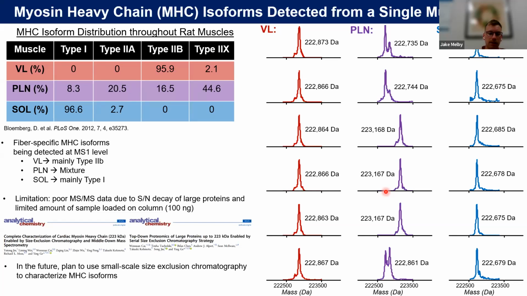So I think in the future, with the use of some smaller scale SEC, and we have a 12 Tesla FTICR in the lab, that we very well may be able to get some of these better characterization data for myosin heavy chain, which is a critical protein in heart and skeletal muscle.